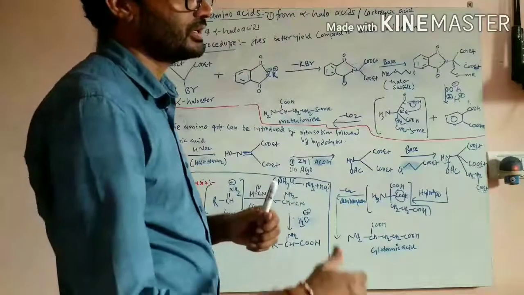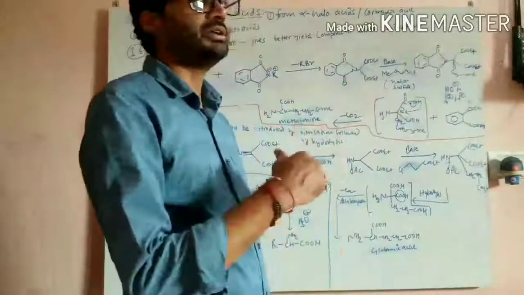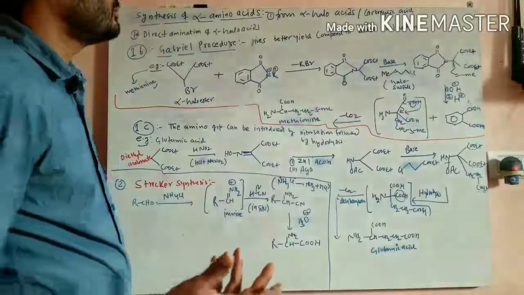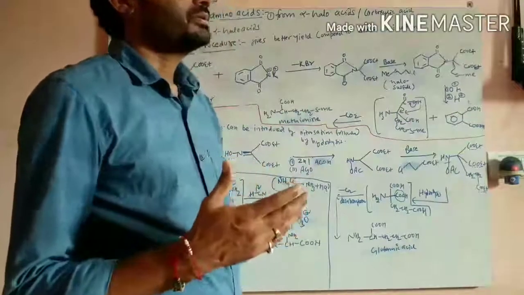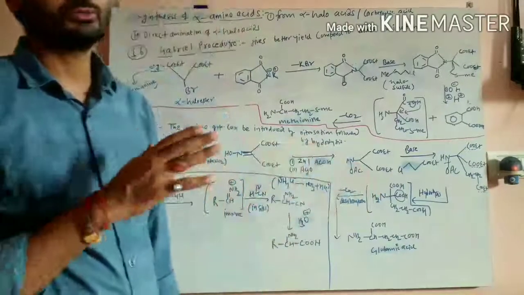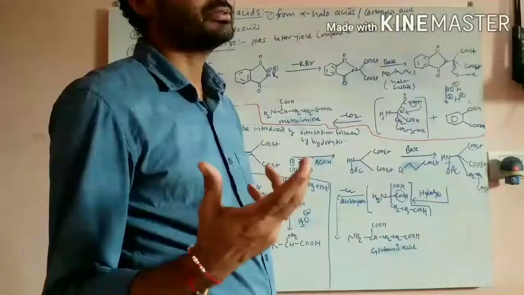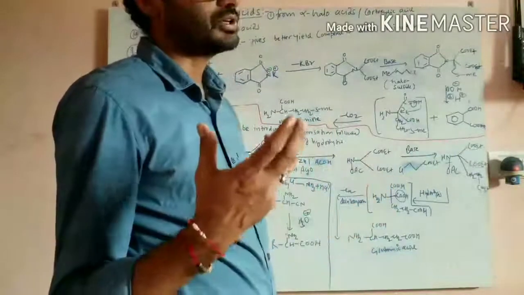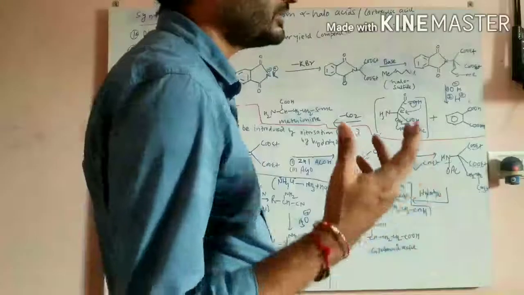When you take alpha bromo carboxylic acids and treat them with amine, they can directly form alpha amino acid. But this procedure gives a very small yield of the product, and the yield found by this method is not satisfactory.